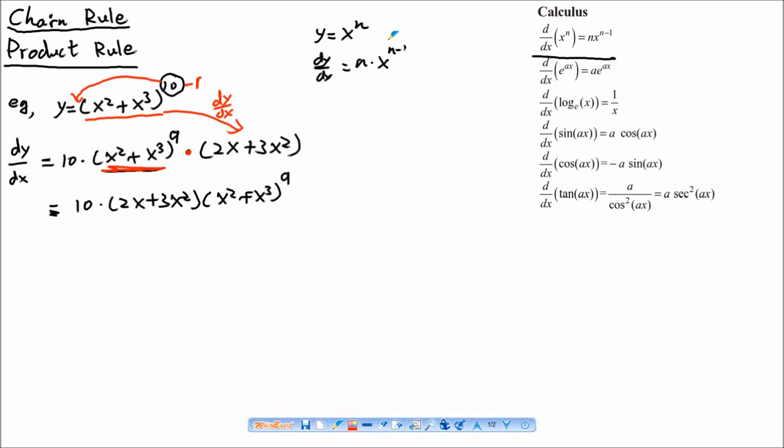This is basically your chain rule, and in your textbook they write confusing math symbols and formulas to show you that.